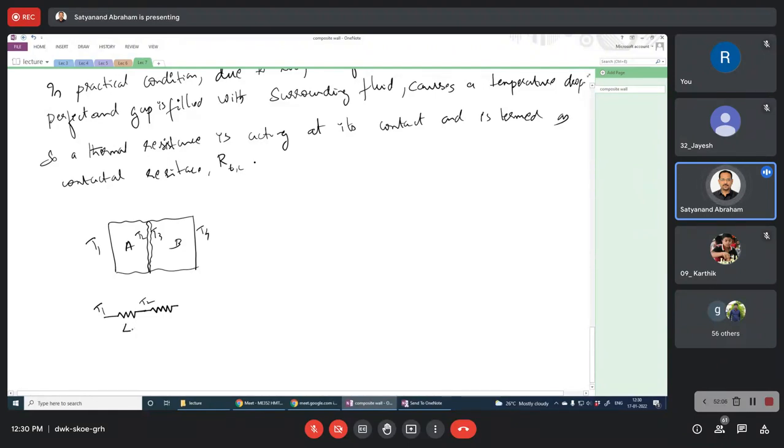Here it is La by Ka into A. Here we have our contact resistance. After that it is T3, and due to conduction in material B, which is Lb by Kb into A, this is La and this is Lb, and then we have the temperature T4.